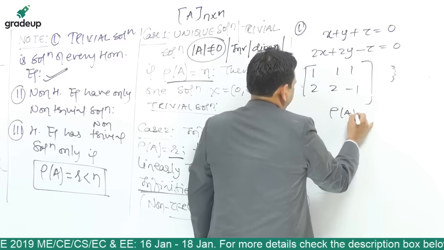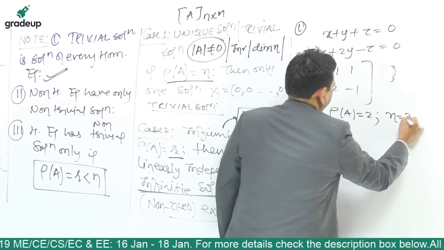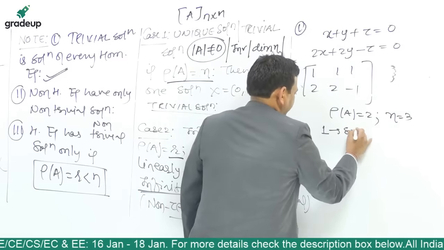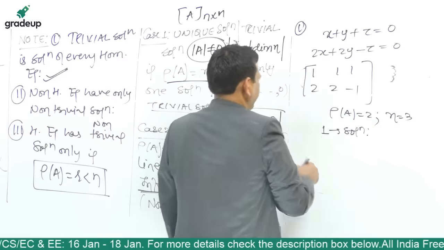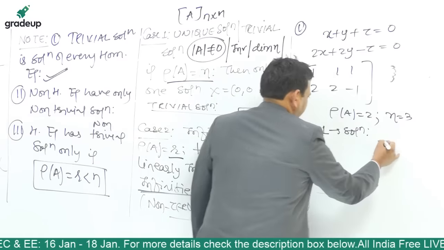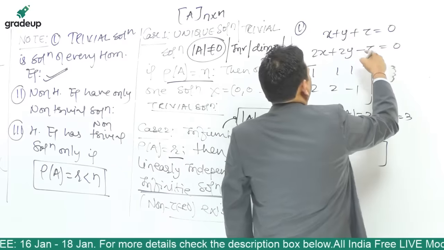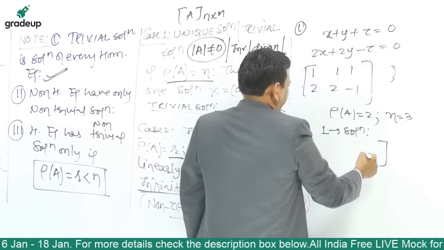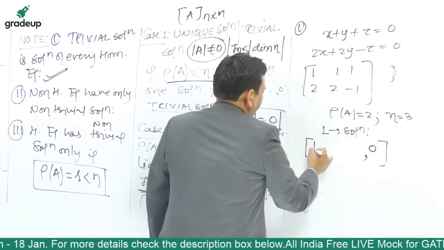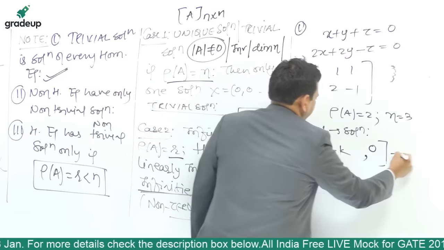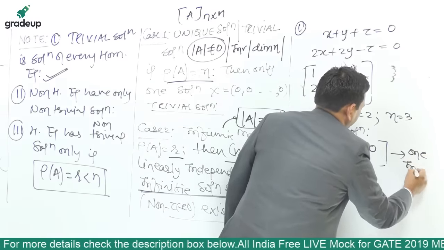Rank of A is 2. Number of variables is 3. So only one independent solution set. Let's see the solution set. If you add these, z will be 0. And what is the value? (k, -k, 0). Now this is only one independent solution.